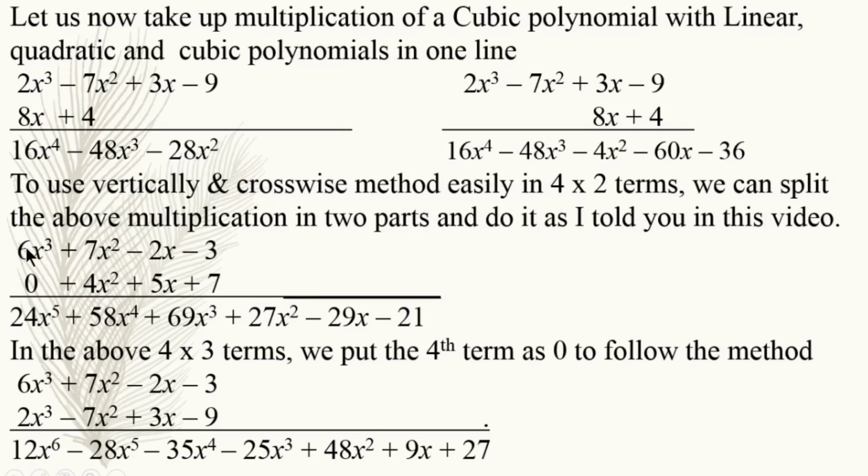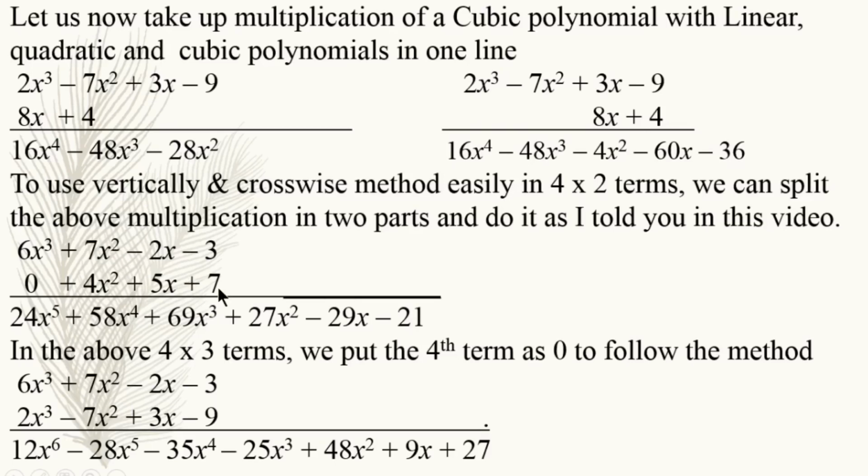So here 6 into 7 is 42. Then you have another plus 35. 42 plus 35 is 77 minus 8x cubed by cross multiplying these. So this will come to 69x raised to the power 3.